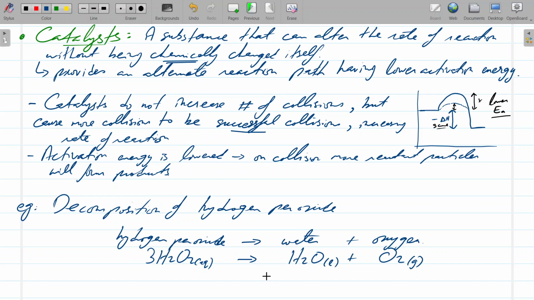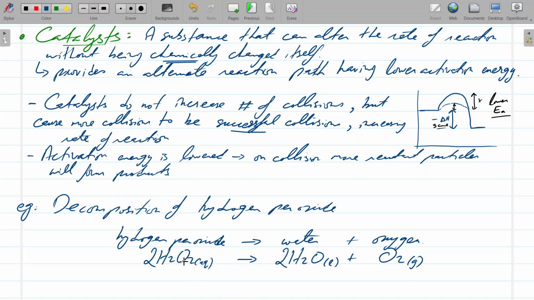So now you've got 4 hydrogens here, 4 hydrogens here.